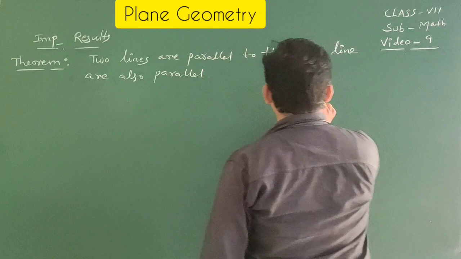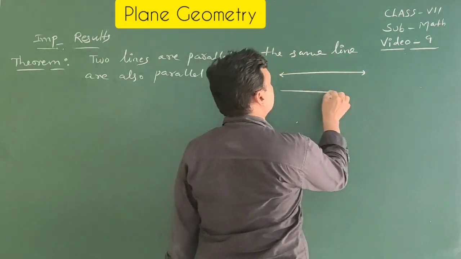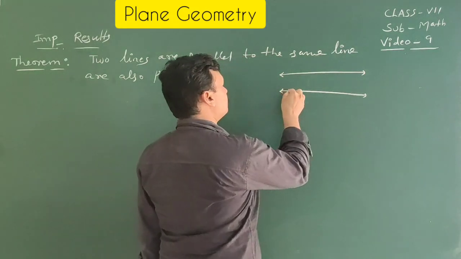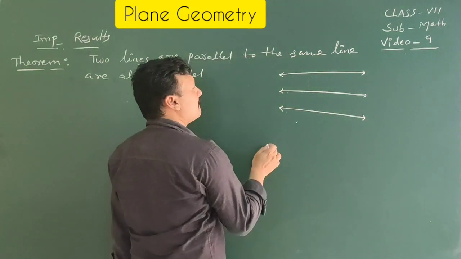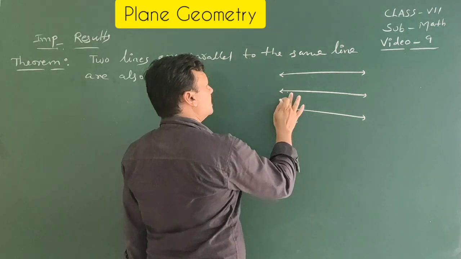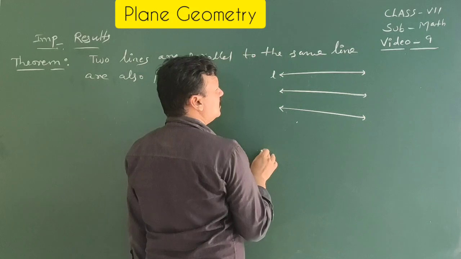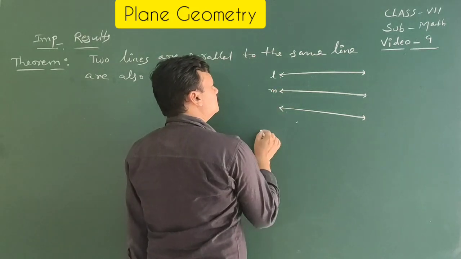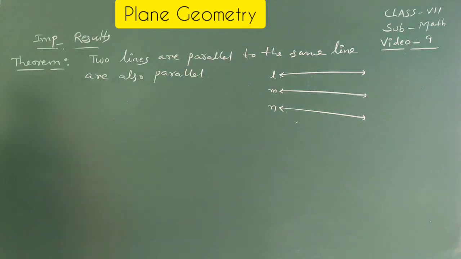Observe here. L, M, N are three lines. Here what is given?